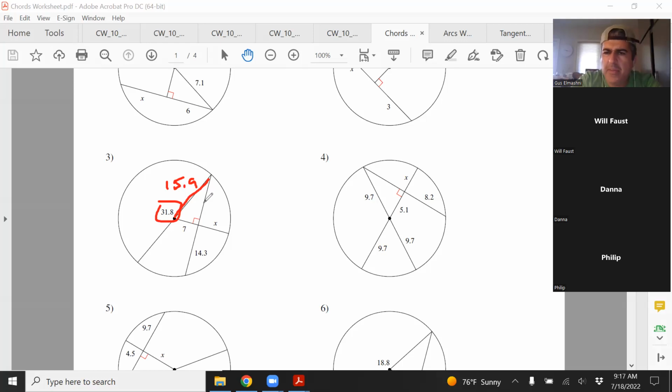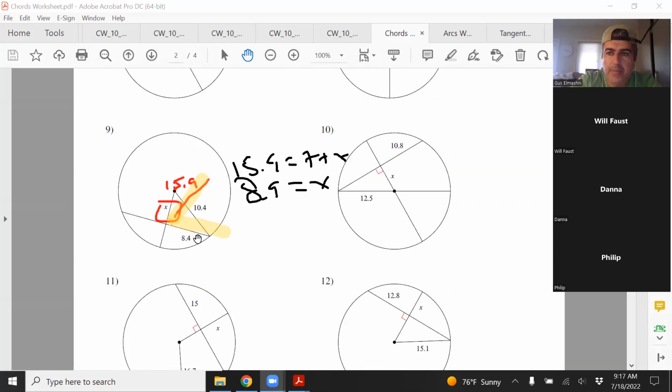Actually, I don't really need Pythagorean Theorem. I could solve for that stuff if I wanted to, but they're asking for this, right? Well, if you think about it, that's a radius also. And that's a radius. So then you could say 15.9 equals 7 plus x. So x would be 8.9.